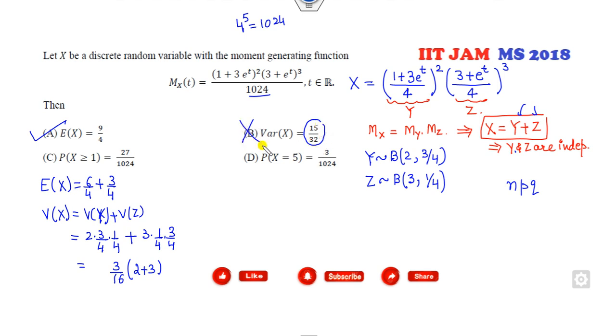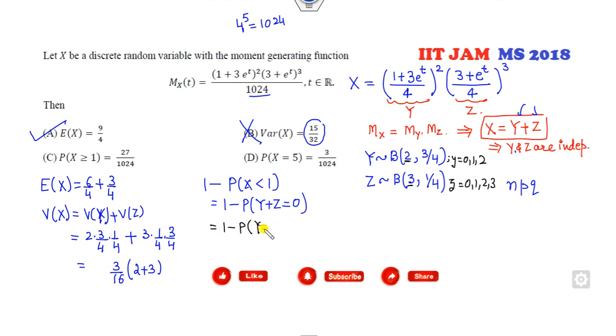This option is cancelled. X greater than 1 I can write as X is strictly less than 1. That means 0. So X, meaning Y plus Z, is 0. What are the possible values of this? The values of Y are 0, 1 and 2 because of this 2, and the values of Z are 0, 1, 2 and 3. What is the possible pair when it becomes 0? Only when Y is equal to 0 and Z is equal to 0. Because they are independent, I can write it as a product.